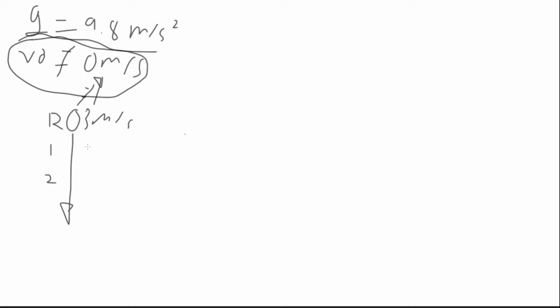Now we want to find v final at 1 second, let's say. We're going to use the same formula as last time: v final equals v naught plus gt. We have 1 second for t, our g is 9.8, and our v naught is 3. So we plug those in: 3 plus 9.8 times 1, which is just 9.8.